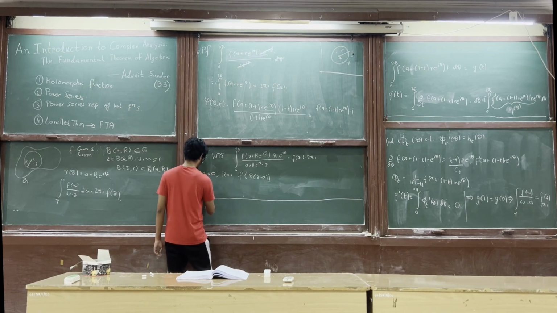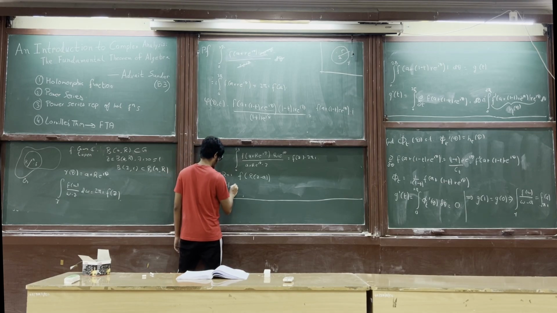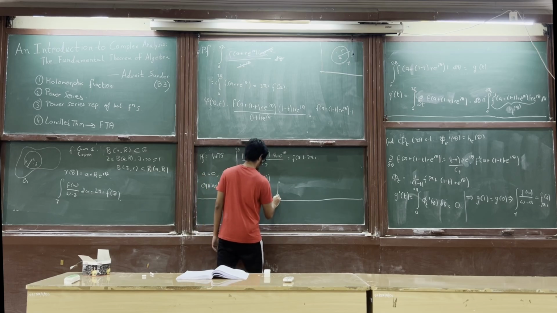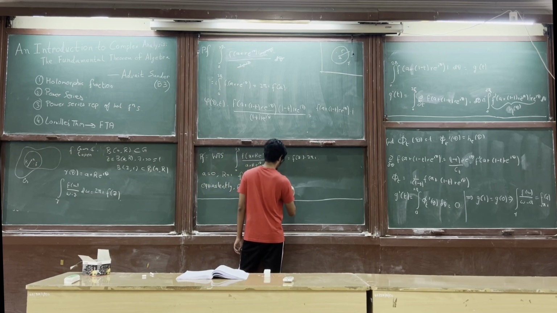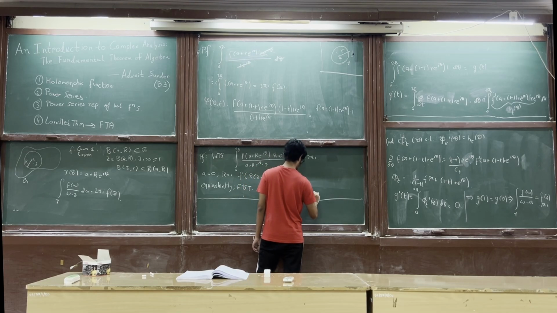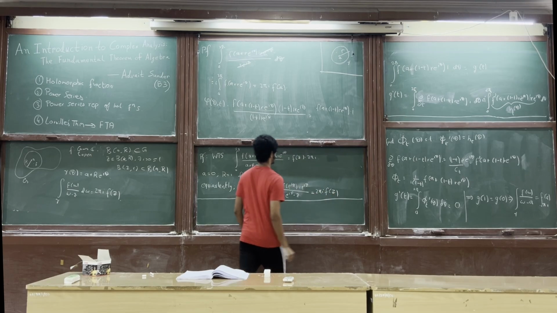So equivalently, it is enough to show that the integral from 0 to 2 pi of f of e to the power I theta over e to the power I theta minus z, times I e to the power I theta d theta, is 2 pi I f of z.